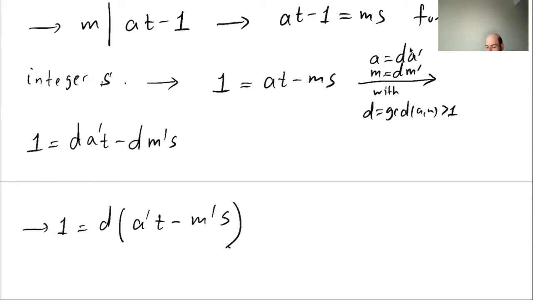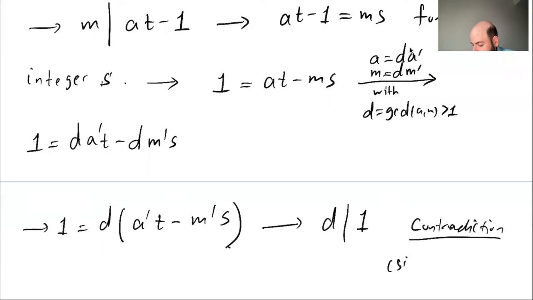And this means D divides 1, and this is a contradiction. We wrote 1 as D times some other integer, right? So that means D is a factor of 1. But the only positive factor of 1 is 1 itself, but D was bigger than 1. We wrote 1 as a number bigger than 1 times another integer.